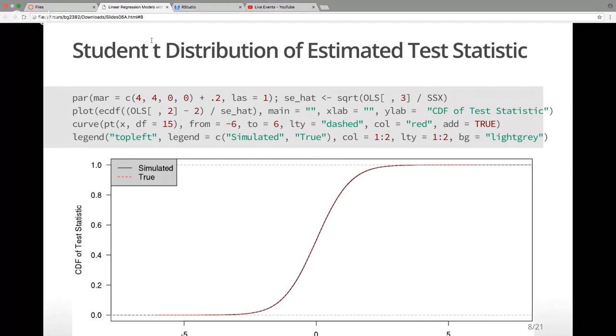So assume it's some value. And if you assume it is the correct value, then we know what the distribution of the test statistic is. And so you can calculate whatever realization of the test statistic you might get for your particular data set. Let's say it's some number around 5.